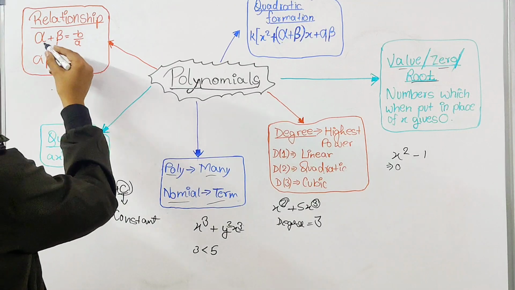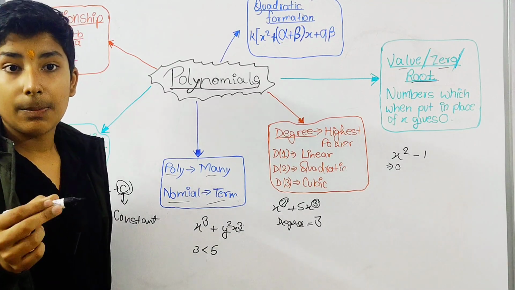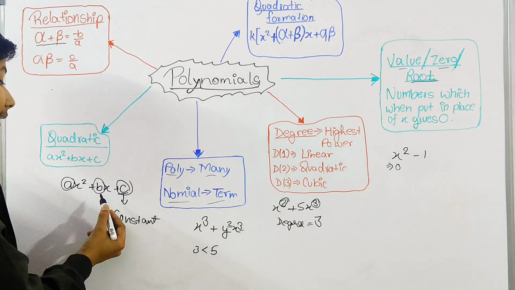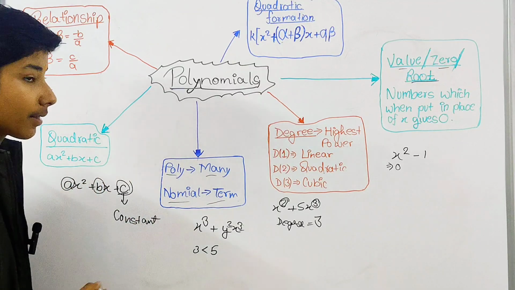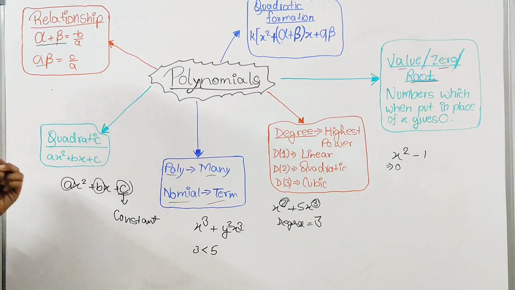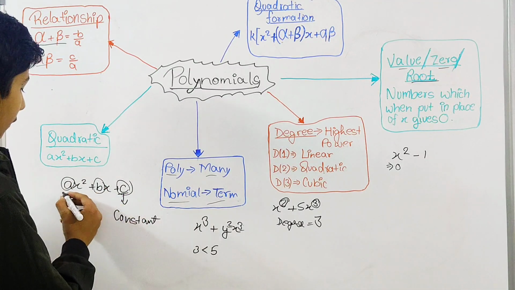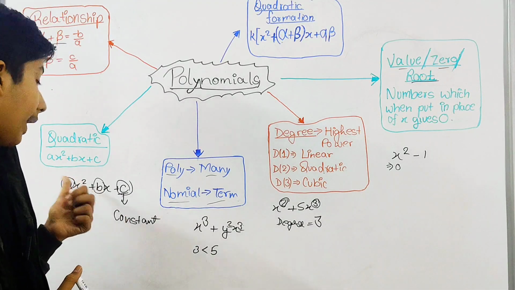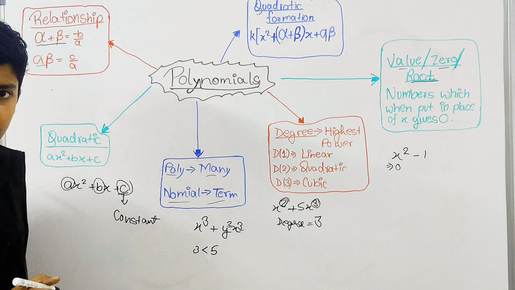So the sum of the zeros is represented by minus b by a, means negative of the coefficient of x divided by coefficient of x square, and the product of zeros can be found by the formula which is c by a, means the constant term divided by the coefficient of x square.